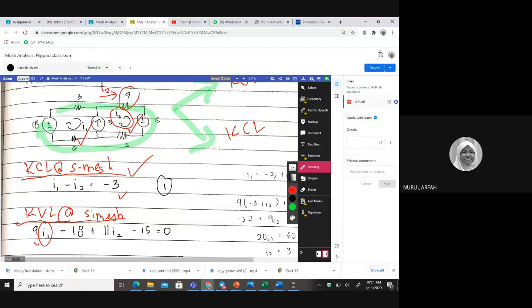And then, ini kenapa 15 ni? Bukan 15, this one. I do not know where this one is coming from. Sorry, this is minus 18. Maybe you skip this 15 first, okay, and then you take this part, okay, no problem.